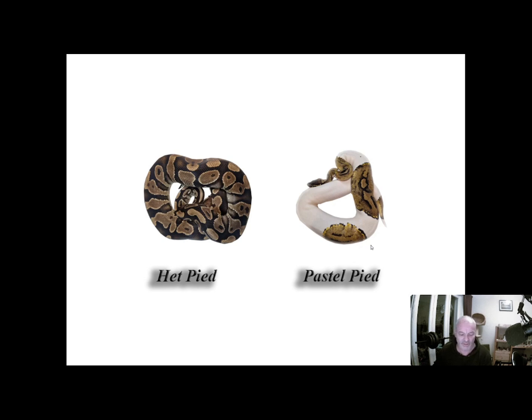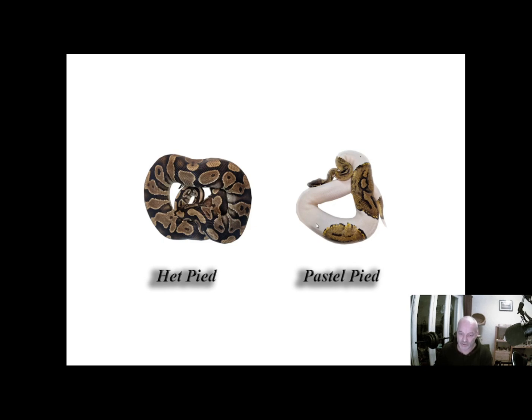We're going to talk about hets and try to understand how they work. Commonly, the term hets is used to describe recessive genes, or an animal that carries the trait for a recessive gene. As you can see here, I've got a het pied and a pastel pied. The pied, as most of us will know, is the animal that has a lot of the white coloration with a bit of pattern.